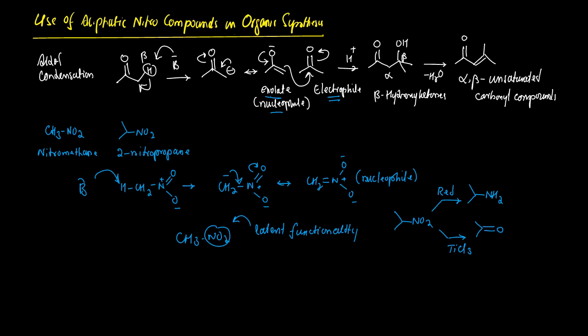Moreover, the nitro enolate can be alkylated as well. For example, we use this enolate in the alkylation process. Just take an example of nitromethane. When it is treated with the base, it gives an enolate of nitro that can easily be alkylated.